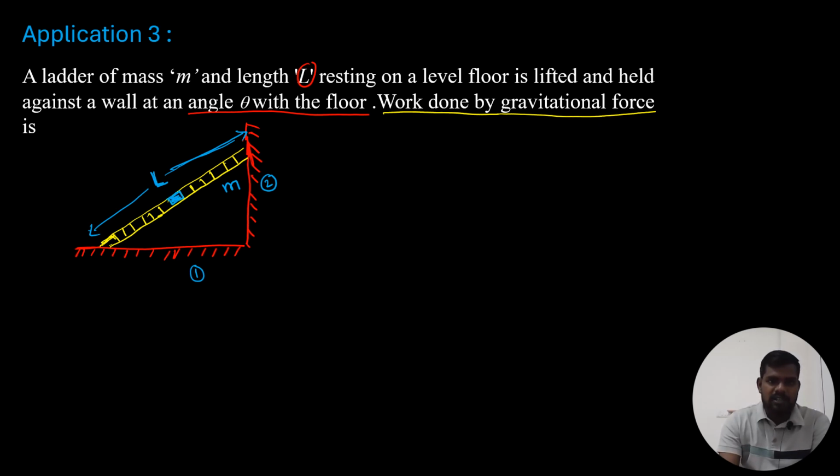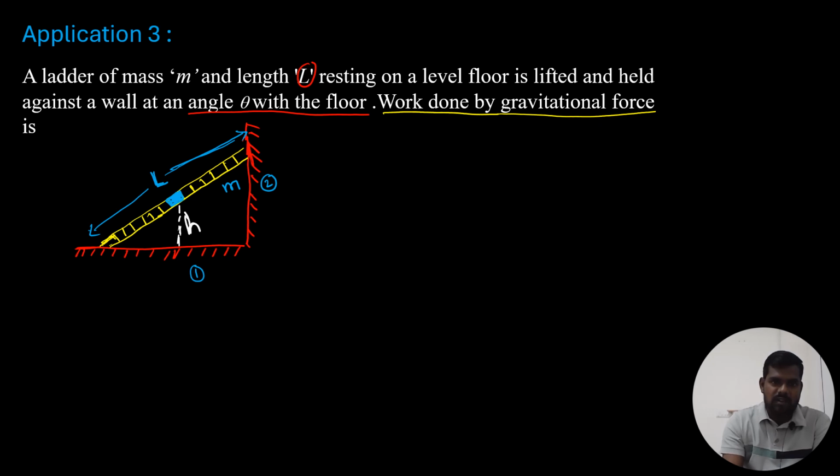Similarly, in application number 2, the total mass was located exactly at the center of the rod because I took a uniform rod. Here also the mass is located at the center of the ladder. So from the center of mass, I take the vertical line, and I consider the height as h.